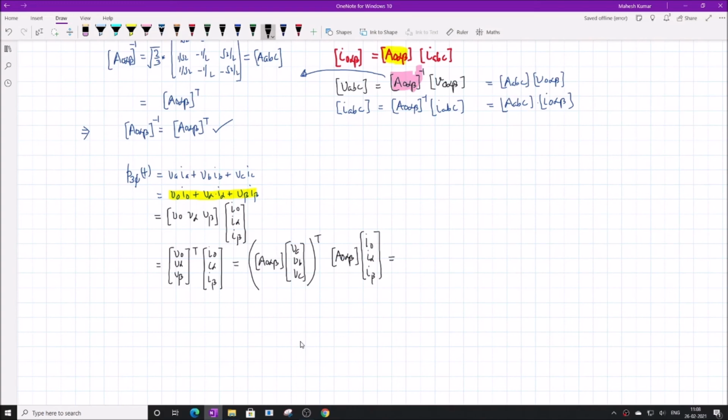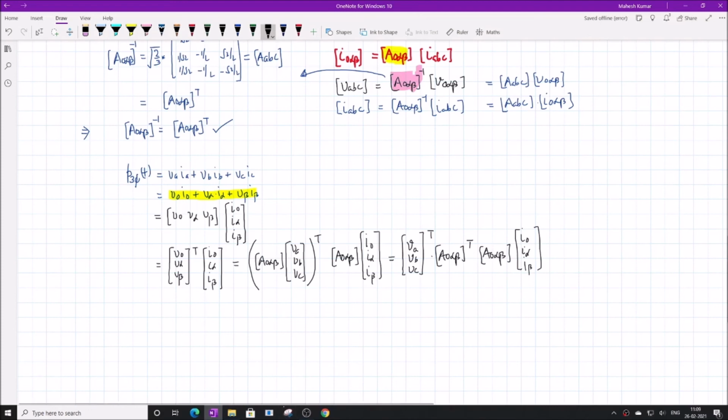This is further equal to, this is like AB matrix, so AB transpose becomes B transpose A transpose, so this becomes VA VB VC, this is A here, this transpose, then A0 alpha beta transpose, then A0 alpha beta, and then I0 I alpha I beta column vector.